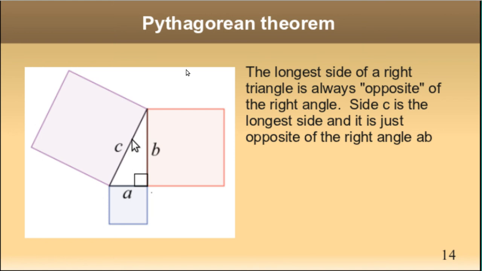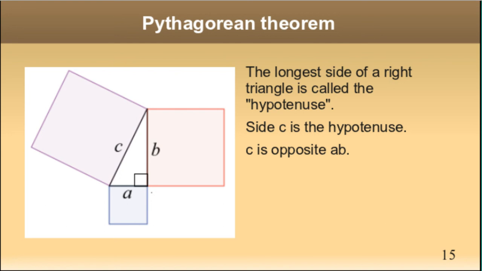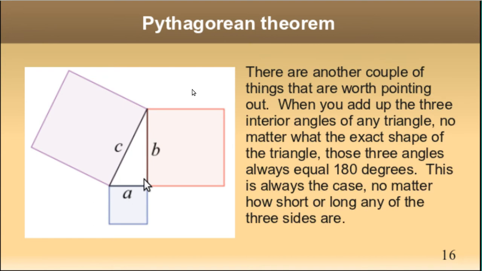The longest side of a right triangle is always opposite the right angle. Side C is the longest side, and it is just opposite of the right angle AB. The longest side of a right triangle is called the hypotenuse. Side C is the hypotenuse. C is opposite AB.